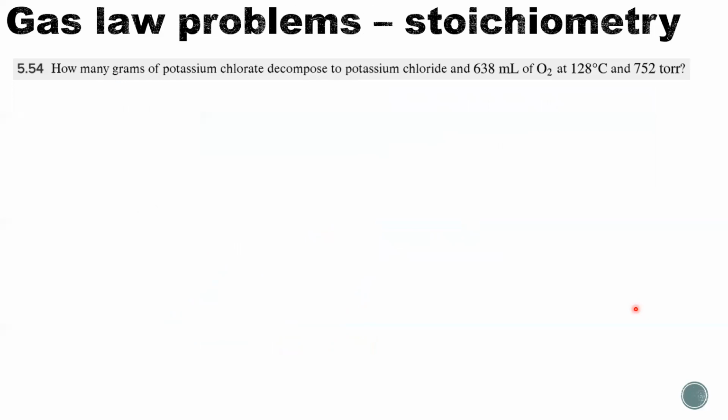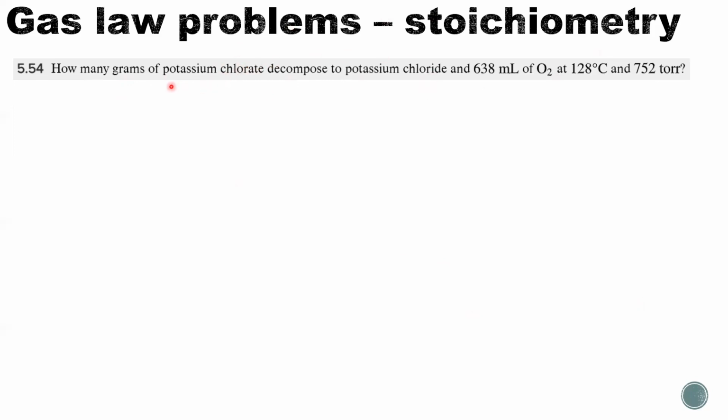For example, how many grams of potassium chlorate decompose to potassium chloride and 638 milliliters of oxygen at 128 degrees Celsius and 752 torr? Okay, so there's obviously a chemical equation involved.